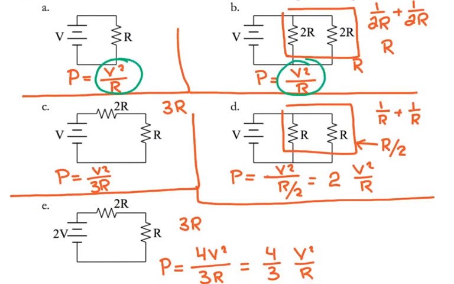Then this power is the smallest. This one is 1.33 of the first one, and this one is twice as big as the first ones, or the first two ones.